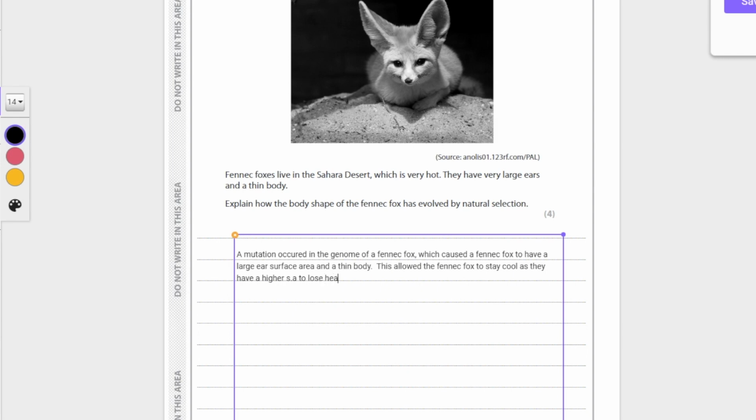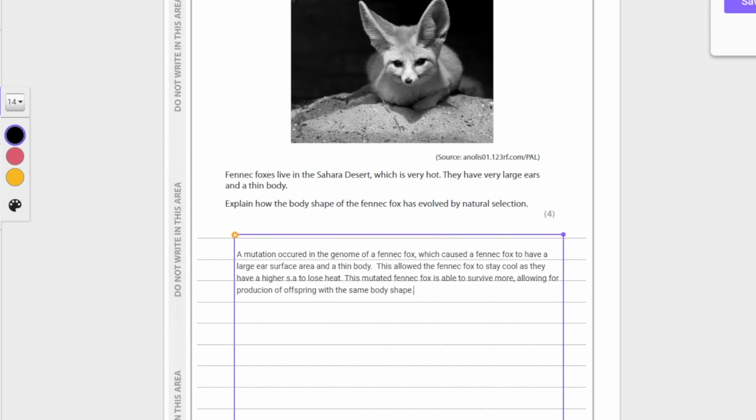Okay, so this mutated fennec fox is able to survive more, allowing for production of offspring with the same body shape.